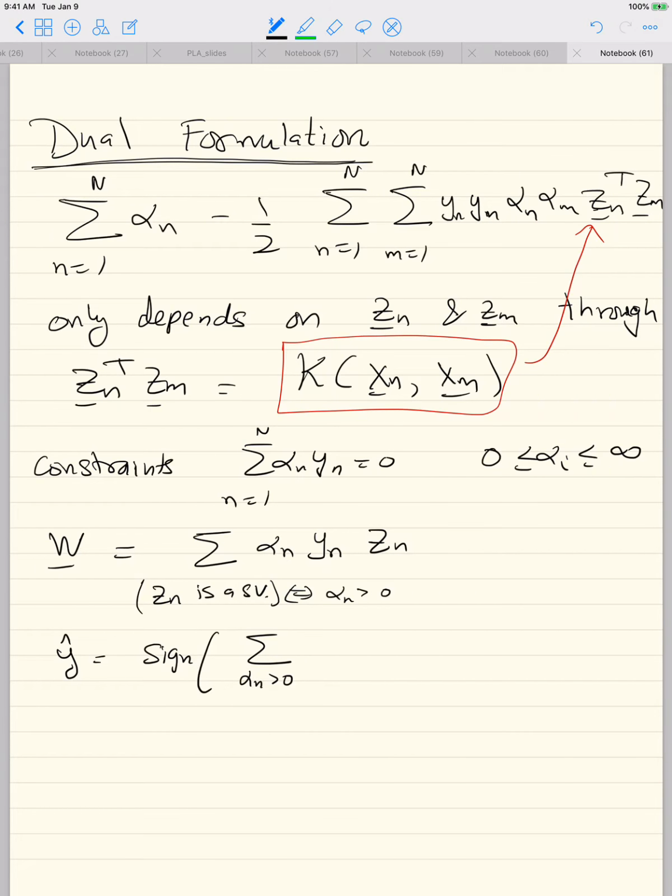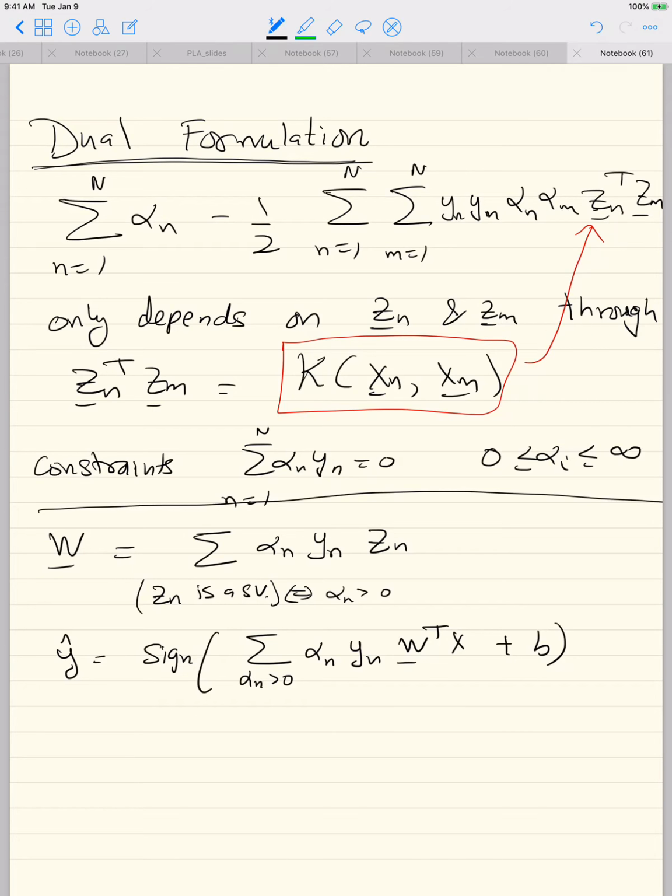So alpha n's are solved here in the dual solution. We get sign of alpha n, yn, W transpose X plus B, right?